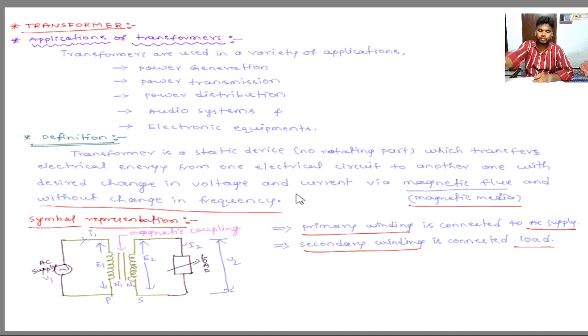This is the simple basic symbol representation of a transformer. Is this clear? Thank you.